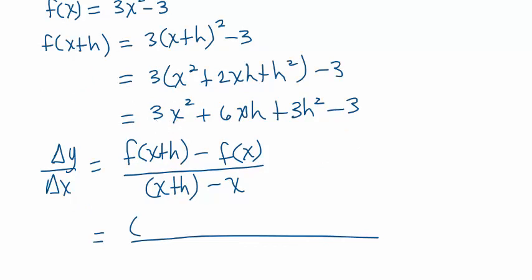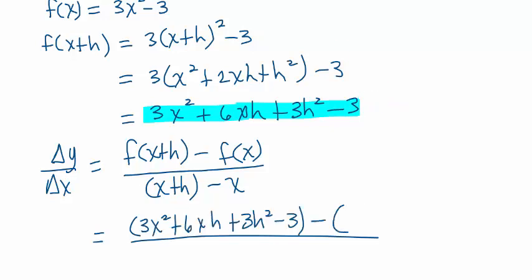And f of x plus h was this long expression with 4 terms, and f of x was just the initial function, 3x squared minus 3. And x plus h minus x, the x's go to 0 and we're left with just h.